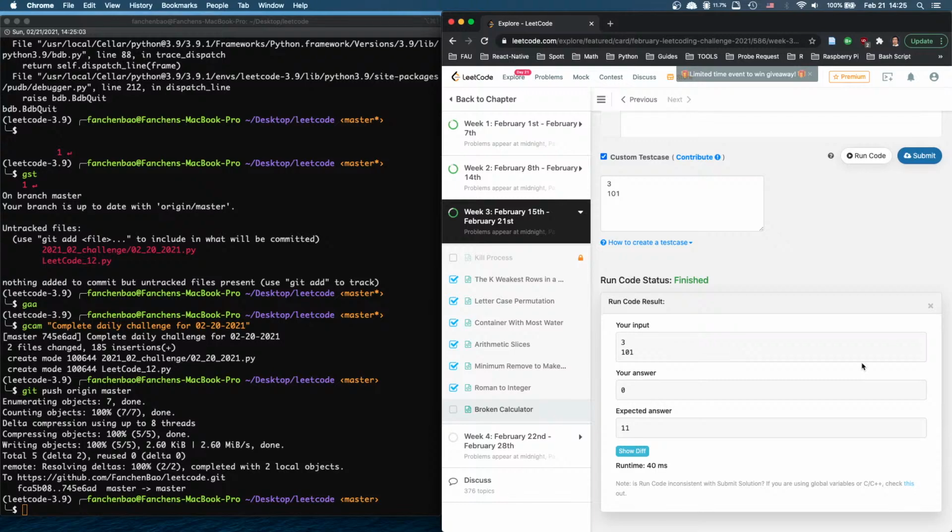So we're going to do 3 to 2. I'm actually just going to type it out, right?